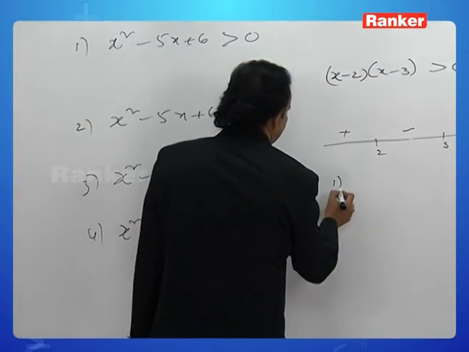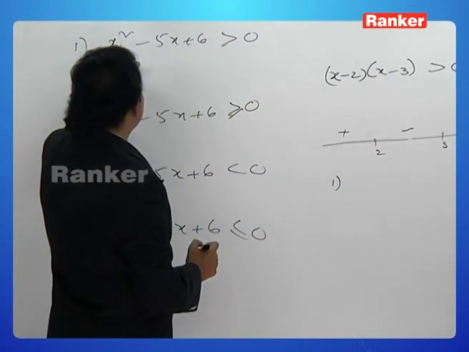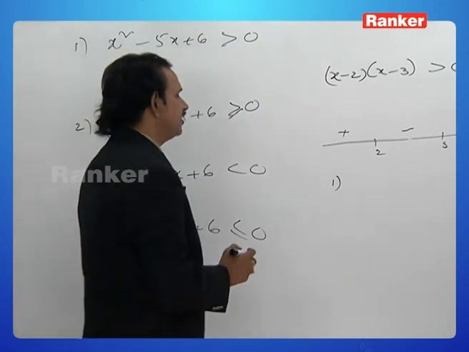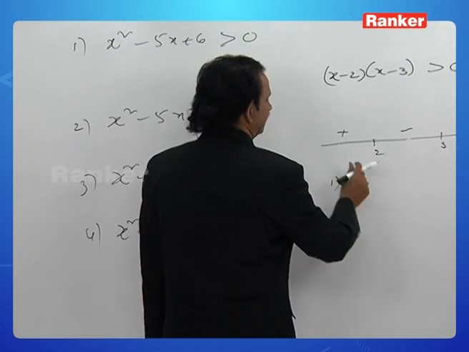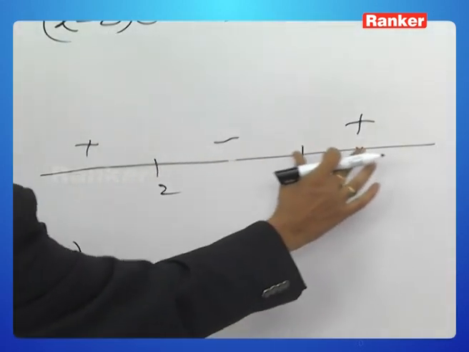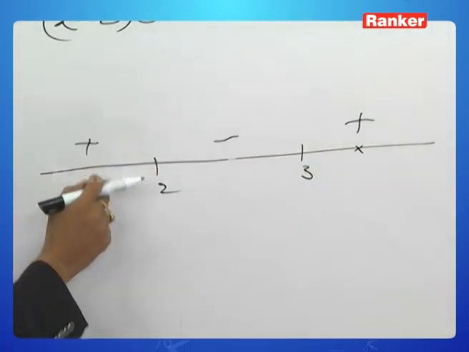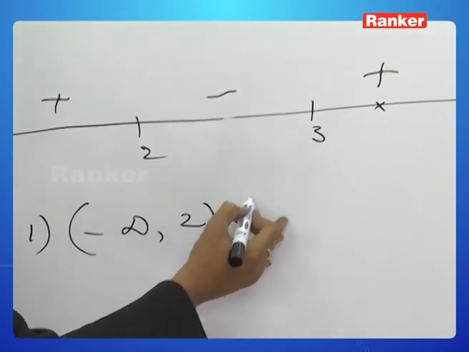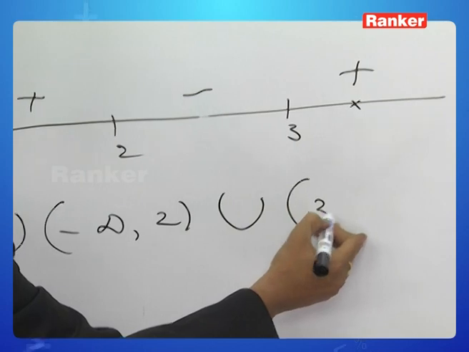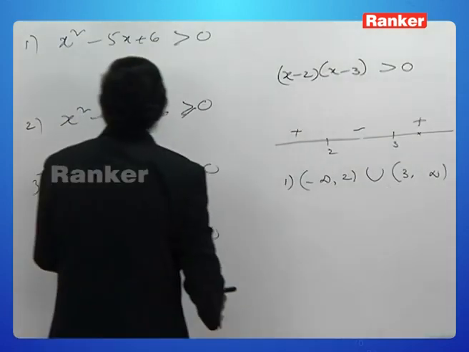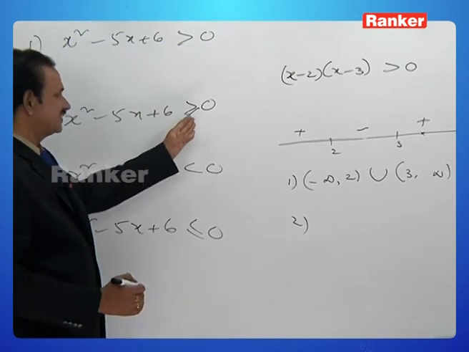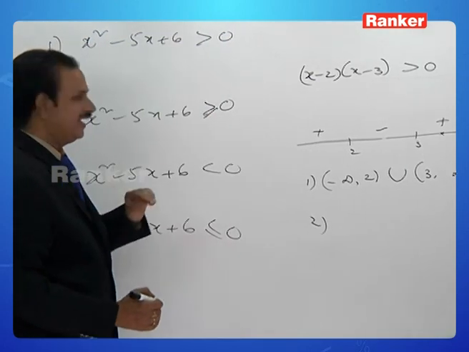What is the answer for the first question? x squared minus 5x plus 6 is greater than 0. Where can you observe a positive answer? Here or here. Here means minus infinity to 2 union 3 to infinity. Good. Second question: x square minus 5x plus 6 greater than or equal to 0.